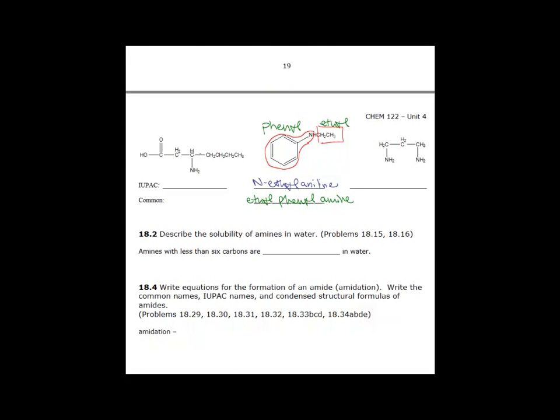Top of page 20, upper left, we have carboxylic acid in the presence of an amine. So carboxylic acid definitely takes the parent. So heptanoic acid is the parent's name, and it's going to be 3-amino heptanoic acid.